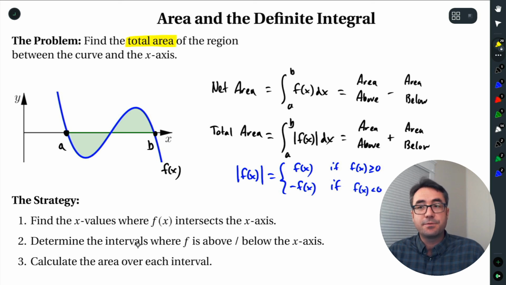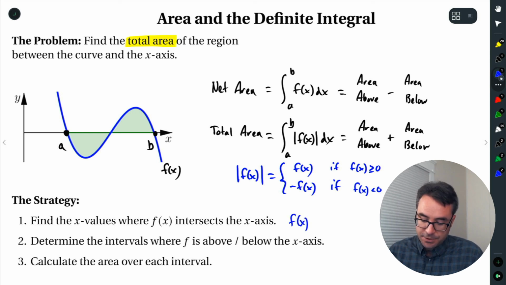Then we'll determine the intervals where our function is above and where it's below. And then we're going to calculate the area over each of those subintervals. So we'd calculate the area over this interval here, and over this interval here, and then add those two values together. And the way we find the x values where our function intersects the x-axis is we take our original function, set it equal to 0, and solve for x.